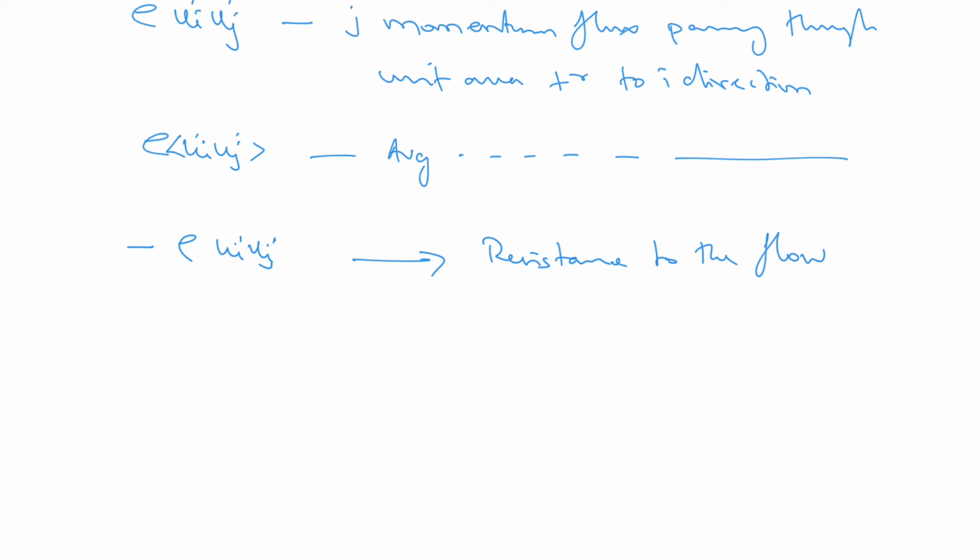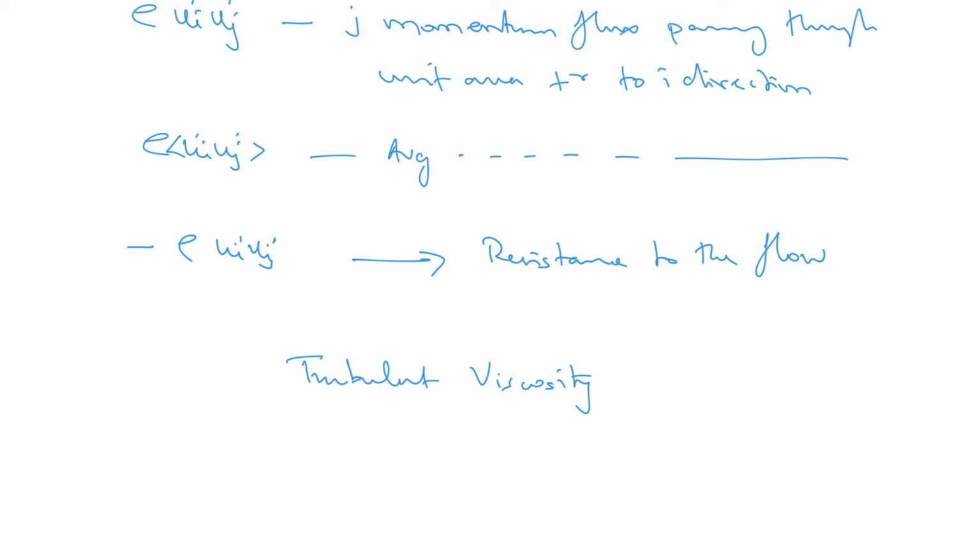And later we can understand that this is related to viscosity, similar to what we have had earlier, and we will arrive at a term called turbulent viscosity. This turbulent viscosity is similar or analogous to molecular viscosity.